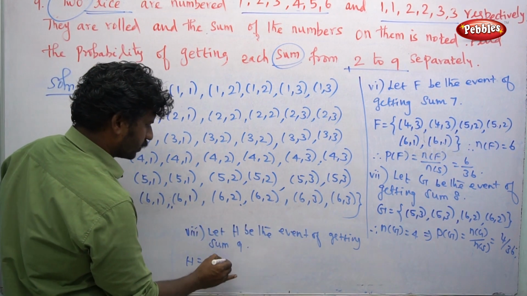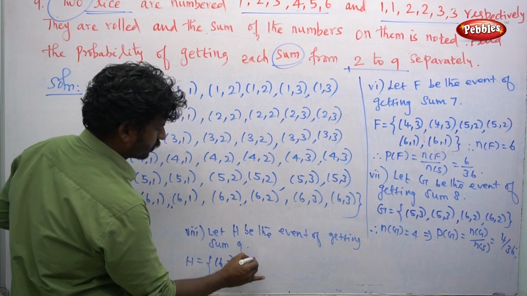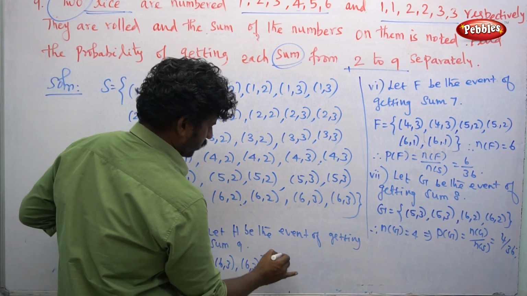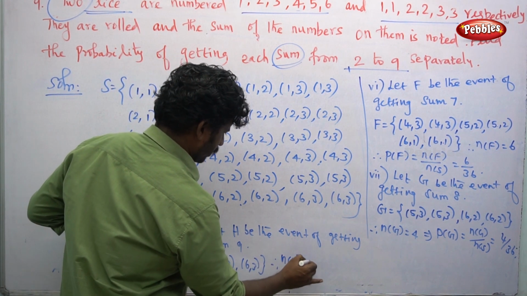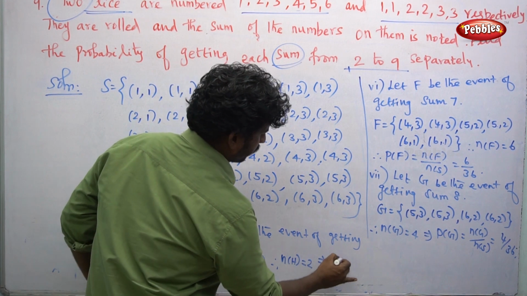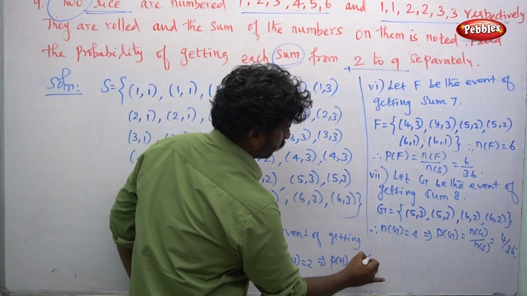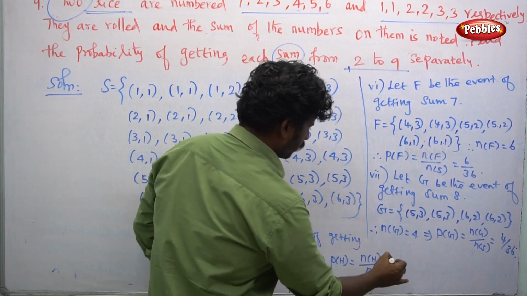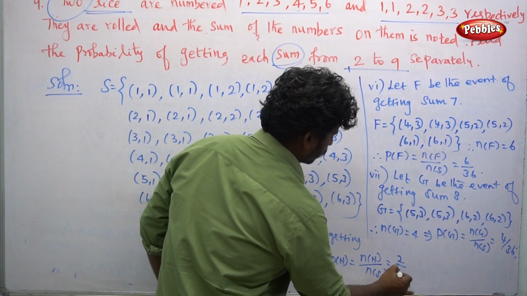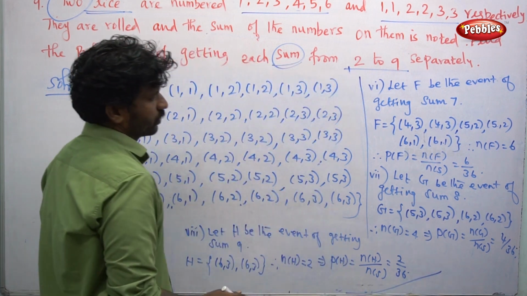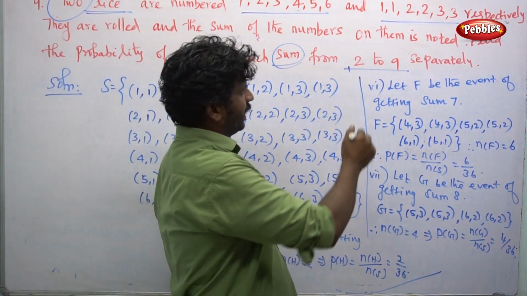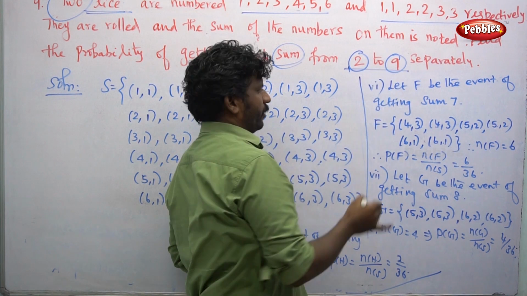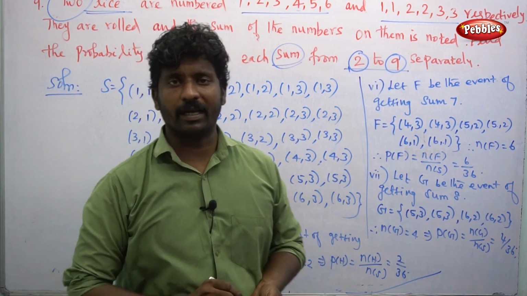So the 6, 3, 6, 3. So therefore n of H is equal to 2, which implies P of H is equal to n of H by n of S, which is 2 by 36. This is the answer. So, இப்போ 2ல இருந்து 9 வரைக்கும் உள்ள probability find out பண்ணியாச்சு. புரியுதுங்களா? இப்போ next problem பார்க்கலாம்.